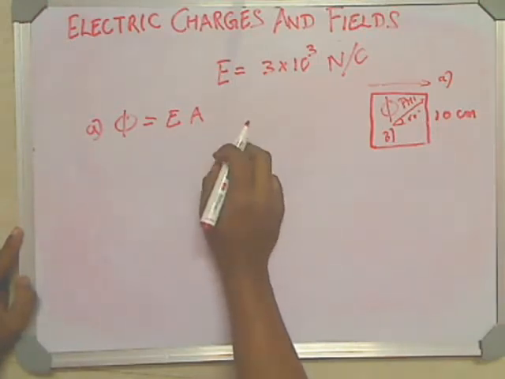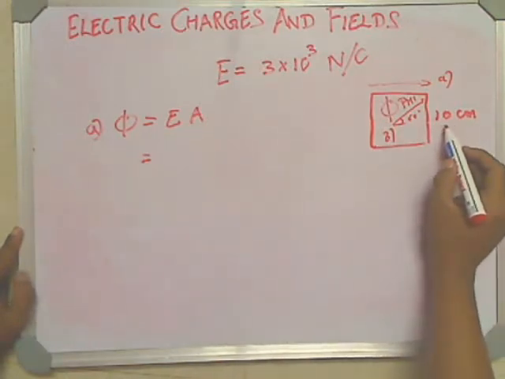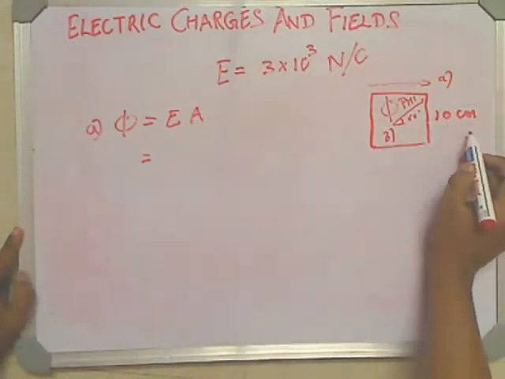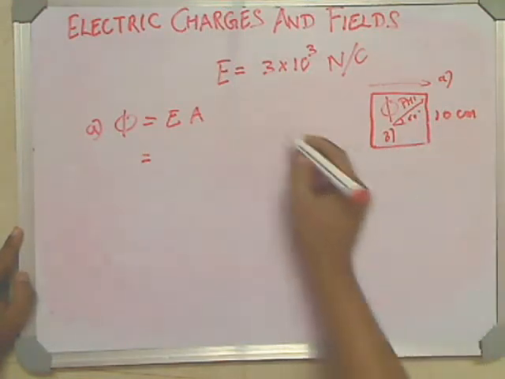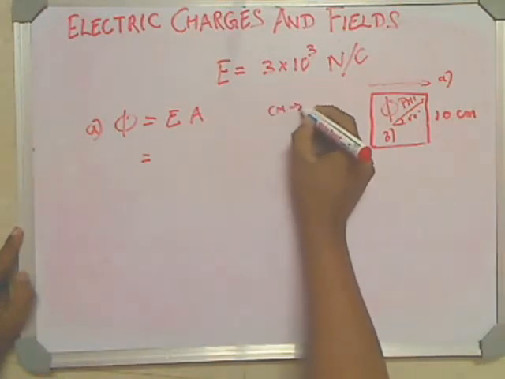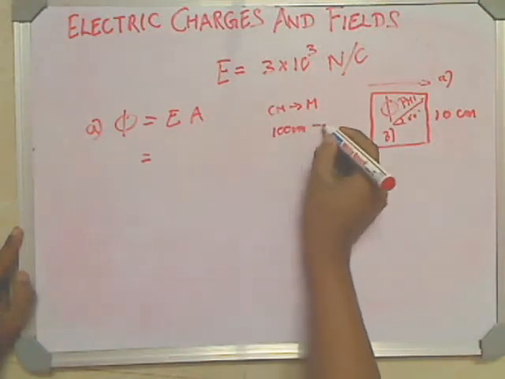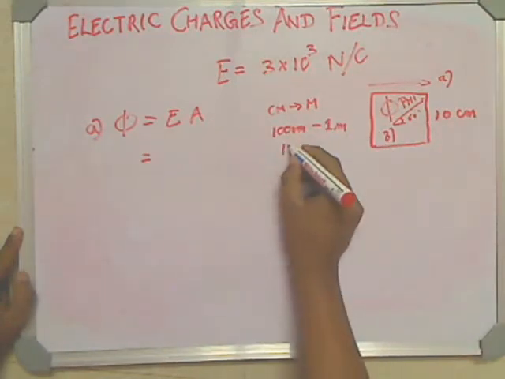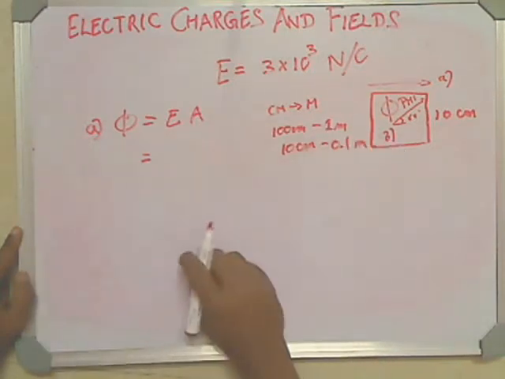Now, there is one common mistake which students usually make. The value here has been given in centimeters. Centimeters is not something that you would use normally. You need to convert centimeters into meters. So 100 centimeters is equal to 1 meter, so 10 centimeters is equal to 0.1 meters.